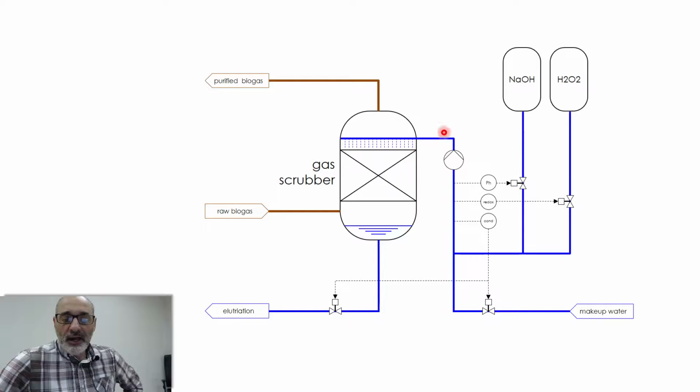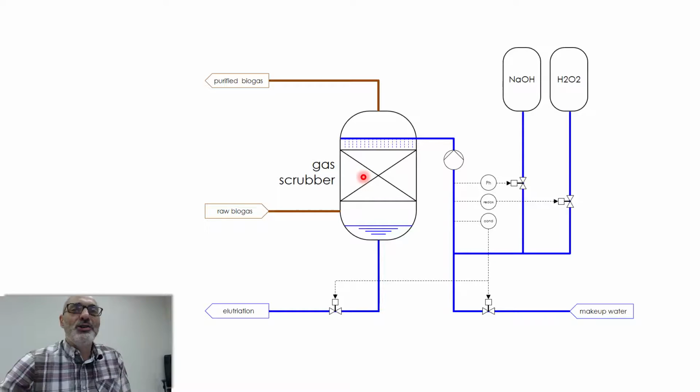You add compounds, NaOH, H2O2, and other types of chemicals in order to, for instance, remove sulfates from the gas, or even CO2.